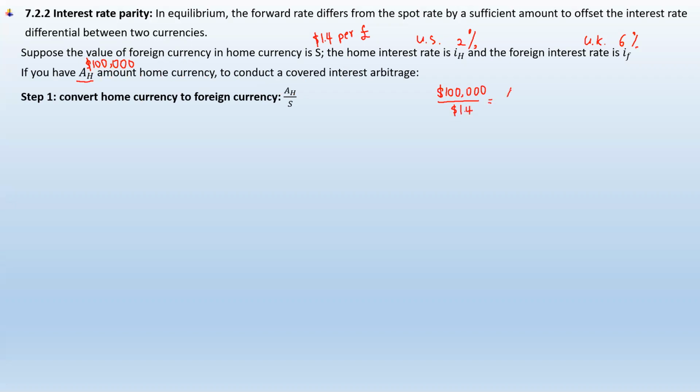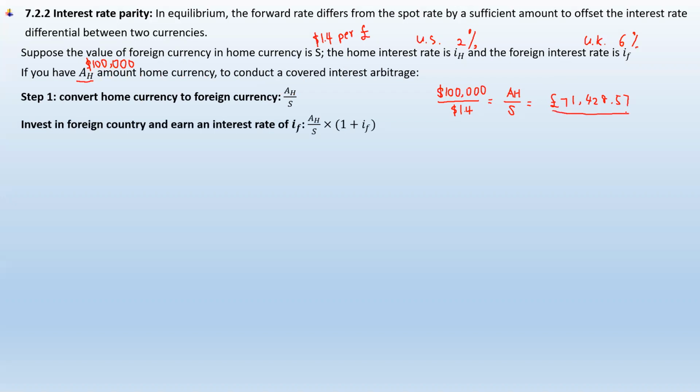So again, we label this 100,000 US dollars as AH, and 1.4 is S. This is the British pound amount. And do you still remember, this equals 71,428.57 British pounds.